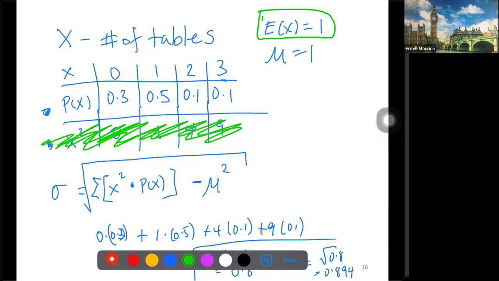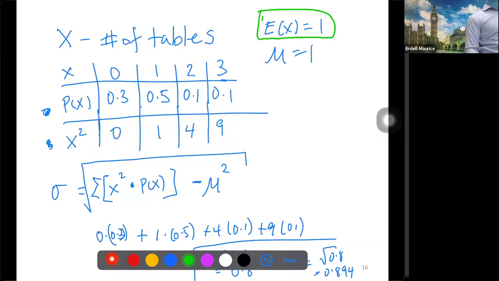All right, cool. So now, once you have this expected value, you have to do a new table. In that new table you need to find the squared values. So 0 squared is 0, 1 squared is 1, 2 squared is 4, and 3 squared is 9.